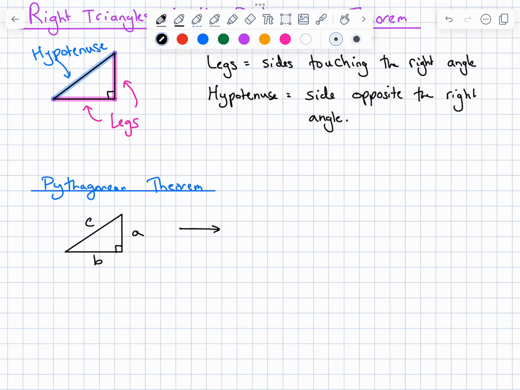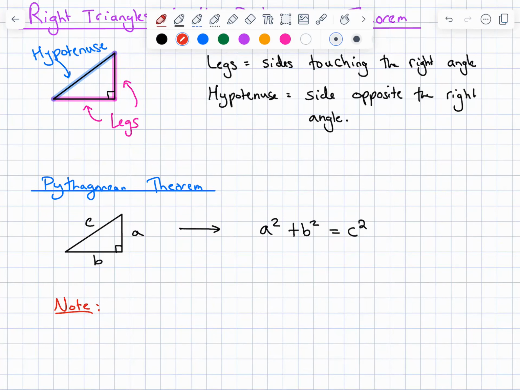In mathematical language, that is A squared plus B squared is equal to C squared. That is the theorem: leg squared plus leg squared is equal to hypotenuse squared.